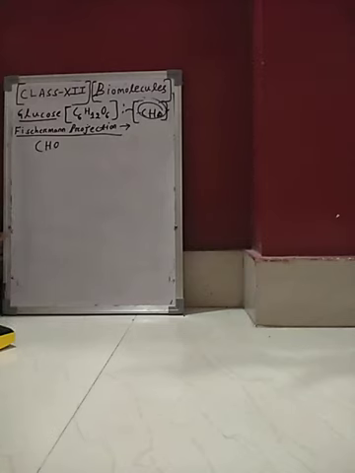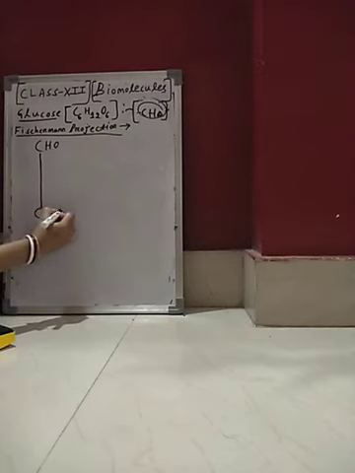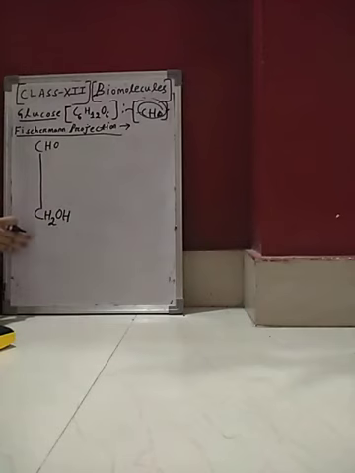carbohydrates are polyhydroxyaldehydes or polyhydroxyketones. So there must be hydroxyl groups according to the definition. It may be a polyhydroxyketone or polyhydroxyaldehyde. In this case, glucose is a polyhydroxyaldehyde.